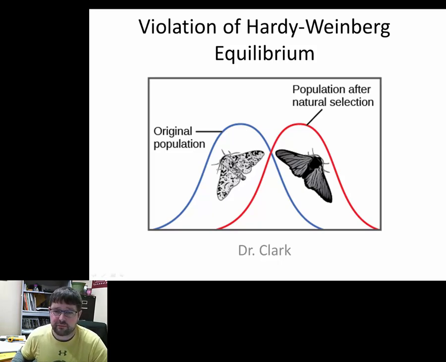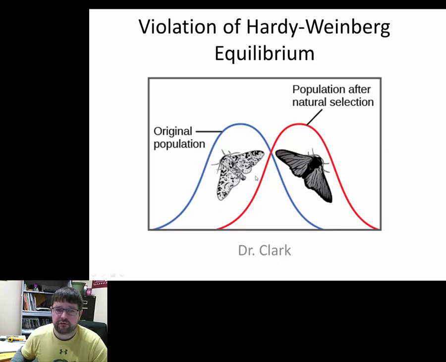Okay, classic examples of population shifts, like the peppered moth example, where due to the industrial revolution you have what we call industrial melanism.